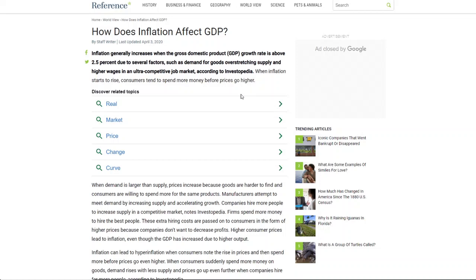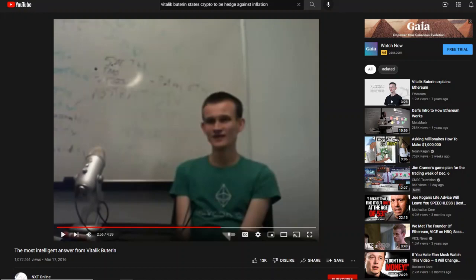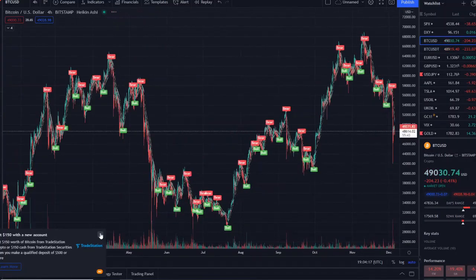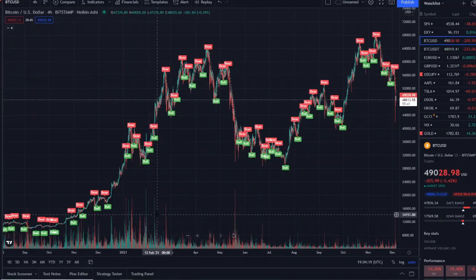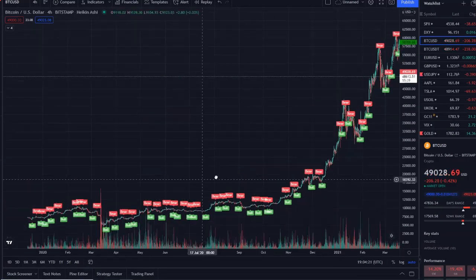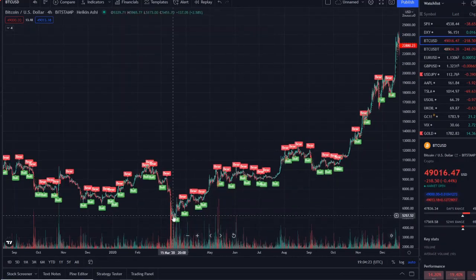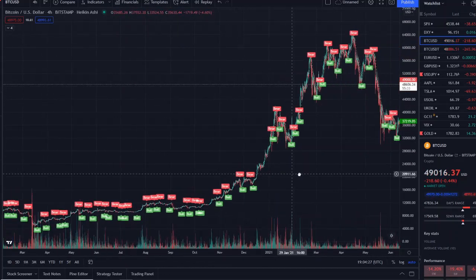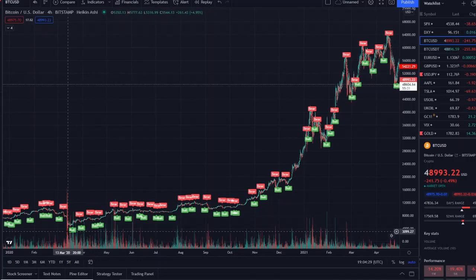Now, inflation has been running hot for some time, all the way back, if we break this down, all the way to this point where we had the situations that happened last year, okay? All the way back to 2020. If you see, this has been in a bull run because inflation was being priced in, and literally it dropped to $3,000, $4,000.